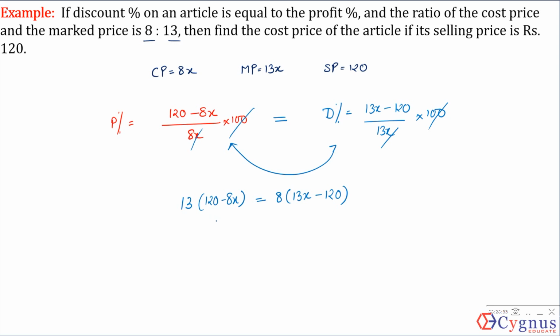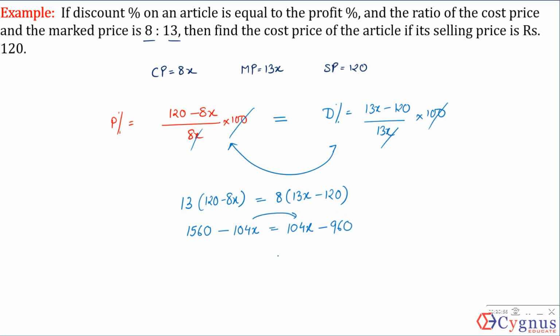What is 13 into 12? It's 156. So 1560 minus 13 into 8 is 104. So I get 104x here is equal to 13 into 8 will again give you what? 104x minus 12 into 80 is 960.